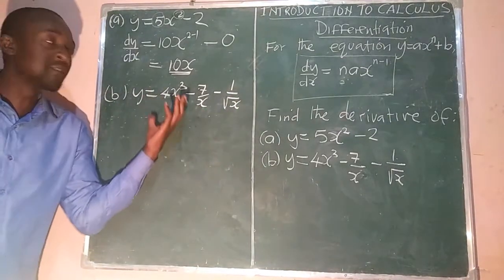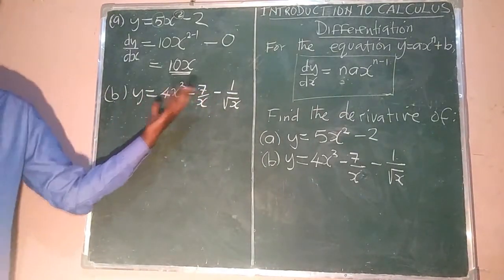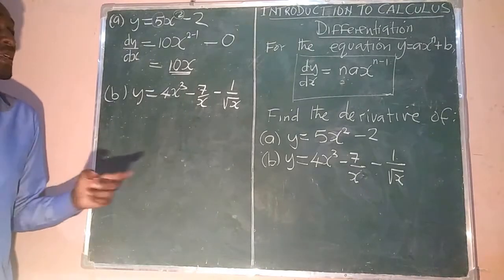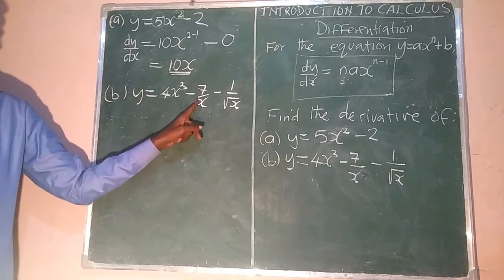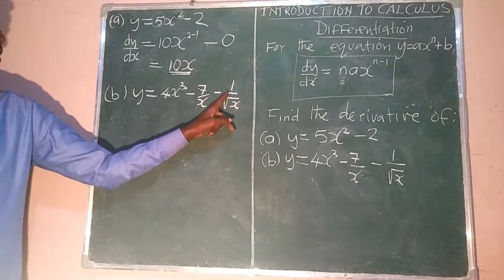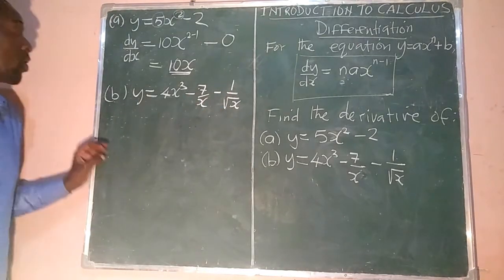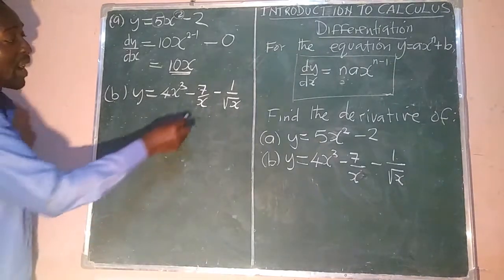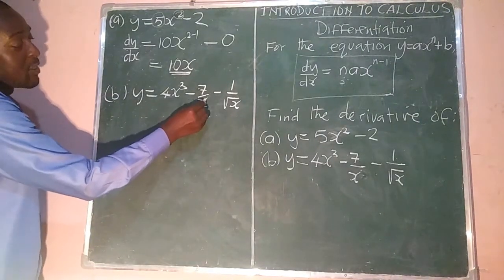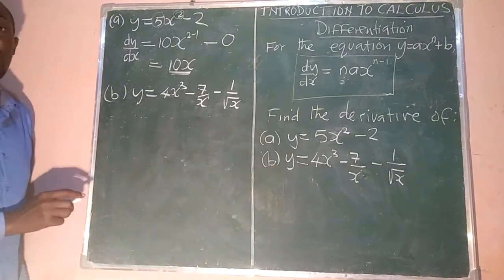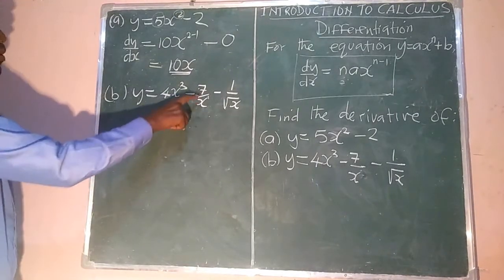Before we differentiate this equation, the first thing we are going to do is deal with these fractions. When the x is in the denominator, there's a way in which we deal with it. Remember, when you have an x like this, the power on the x is just a positive 1.